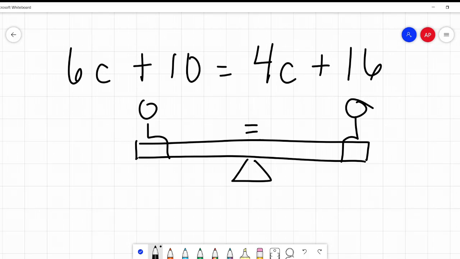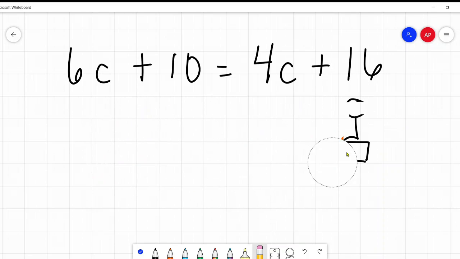It's equal. Now, if I were to give a box that weighed 10 pounds to this person, it's going to drop down. It's not balanced anymore. But if I gave a 10-pound box to the other person, hey, we're back to being equal again. That's the principle that we need to solve everything in algebra. If we do something to one side, we have to do it to the other so that everything stays equal.